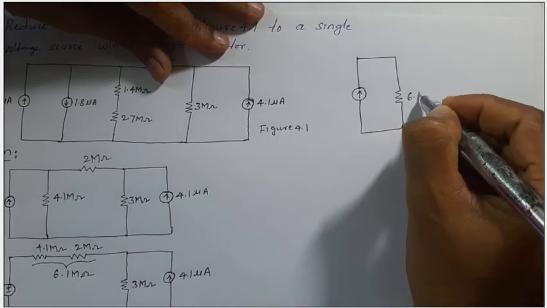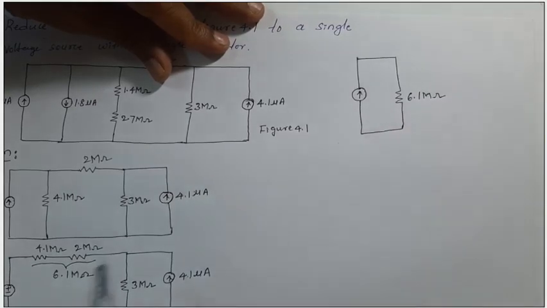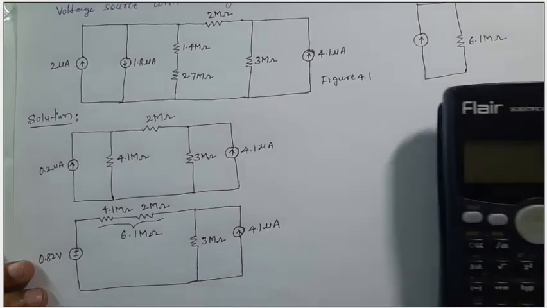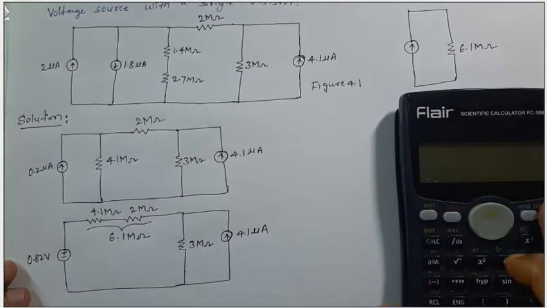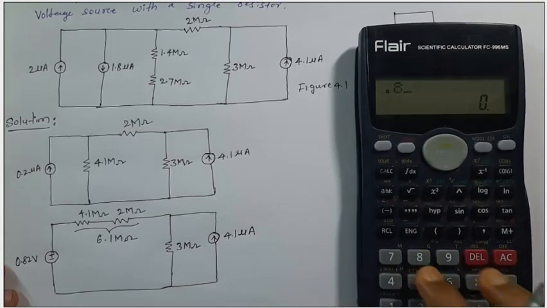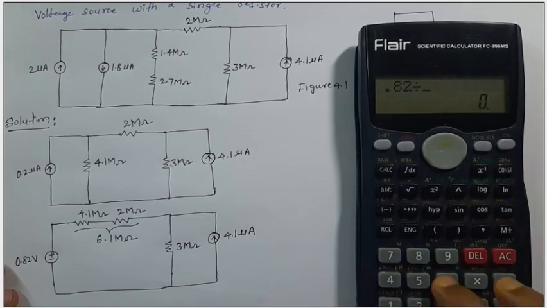Now we will calculate the value of the current source. The current source value is 0.82 divided by 6.1, because we are converting from voltage to current source.